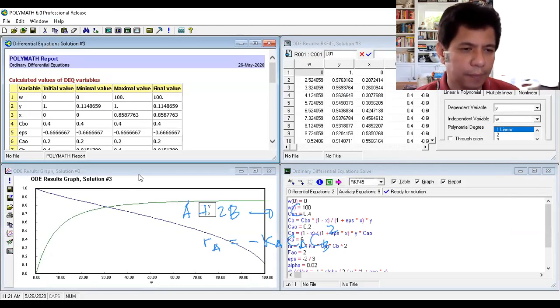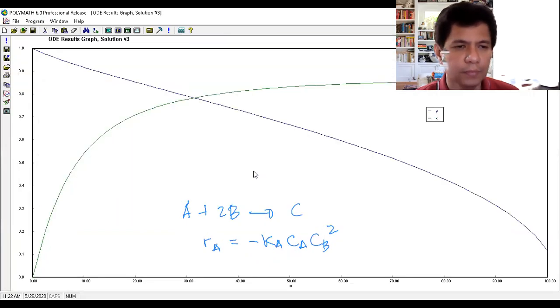Okay, so this is the graph. Let's take a look at the graph. Okay? So the green one is this is the conversion. No?